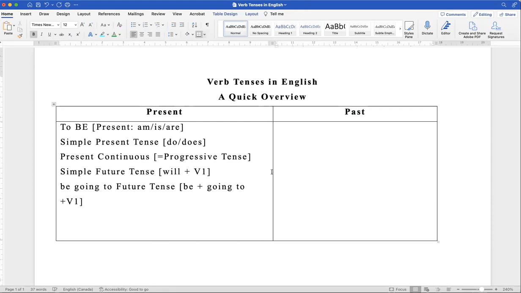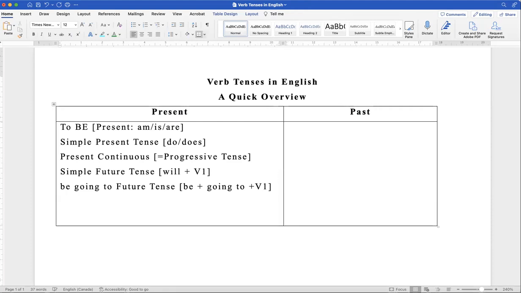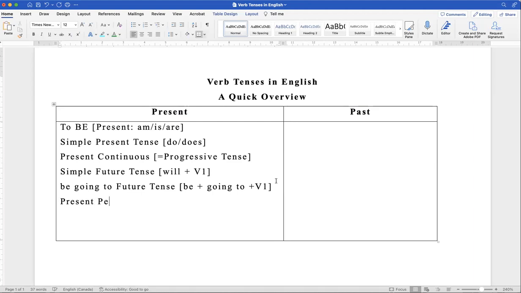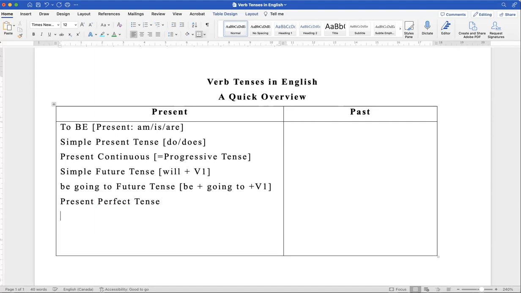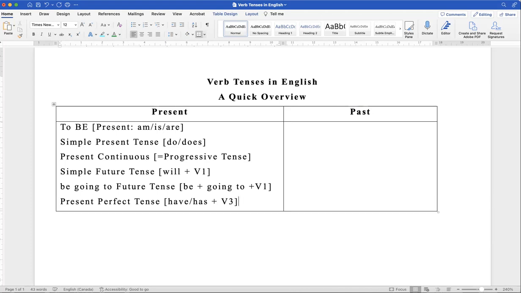Okay, we have present perfect tense. Present perfect tense is also a present tense. As the name suggests, present perfect. To be, simple present, present continuous, simple future, be going to future, present perfect tense, like have, has, verb 3. These are the present tenses.